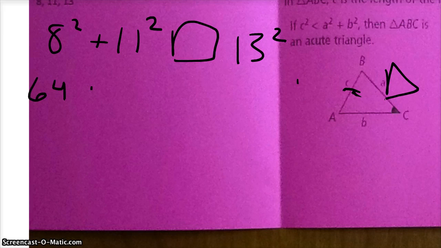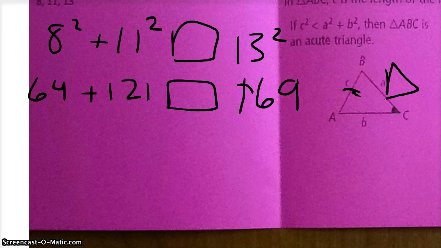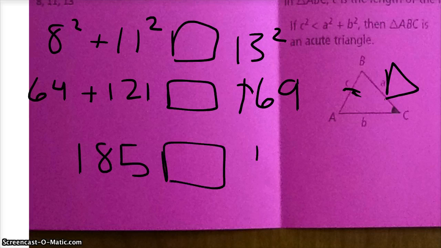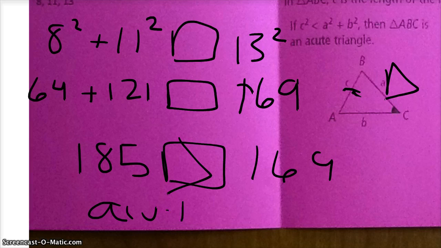So we'd have 64 plus 121 is something to 169. Then we'd have 185 is something to 169. 169 is smaller, so since C squared is smaller, it's an acute triangle.